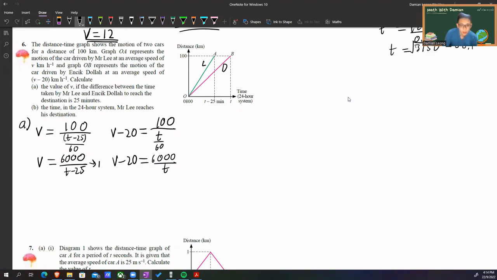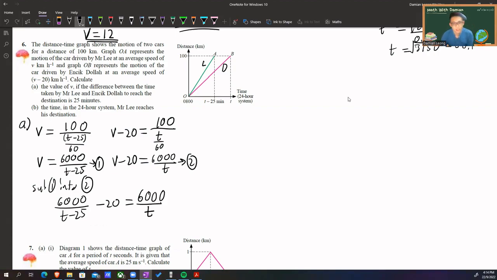So I can just use simultaneous equations. I substitute equation 1 into equation 2. 6,000 over T minus 25 minus 20 equals 6,000 over T. So each term I multiply by T and T minus 25 to get rid of the denominators.